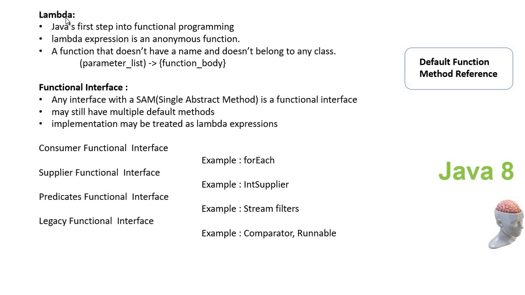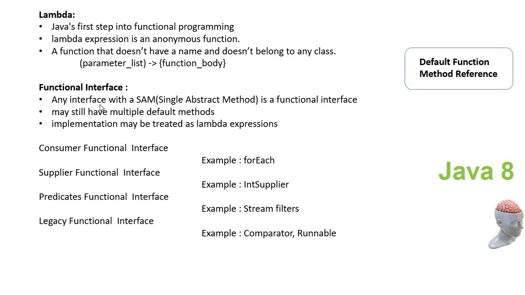Lambda is nothing but an anonymous function. Earlier we had an anonymous class, but we replace that with an anonymous function, where the function doesn't have any name or return type, but it has a parameter and a function body. So we can represent any function using just a parameter and a function body, and this is what we call a lambda expression.